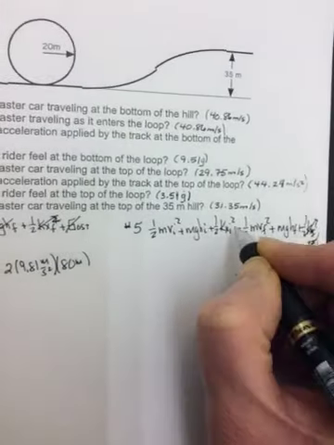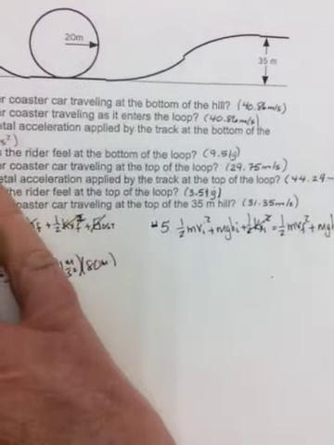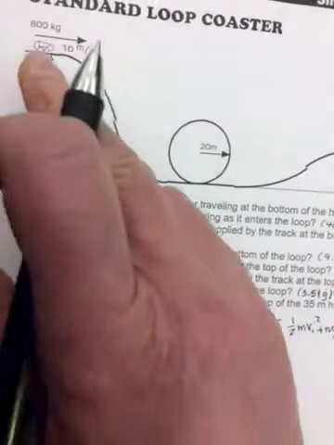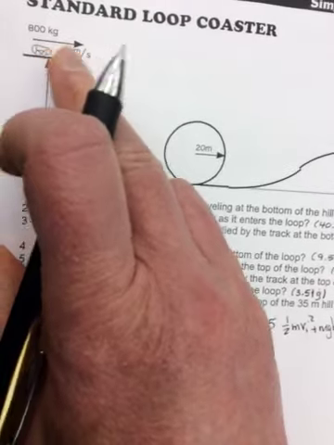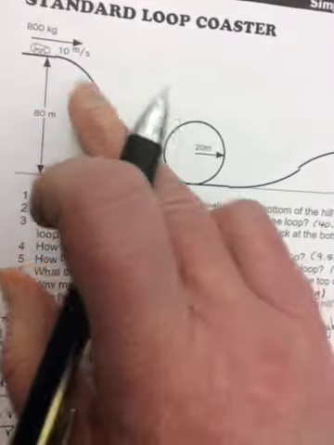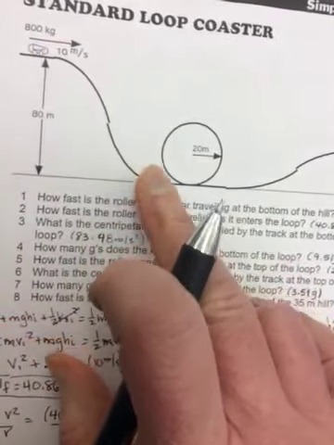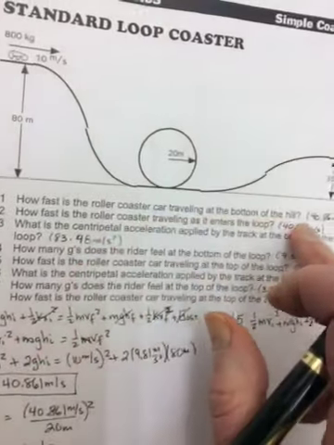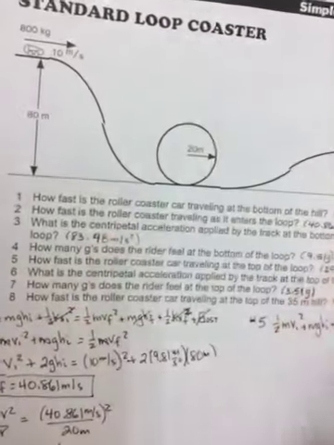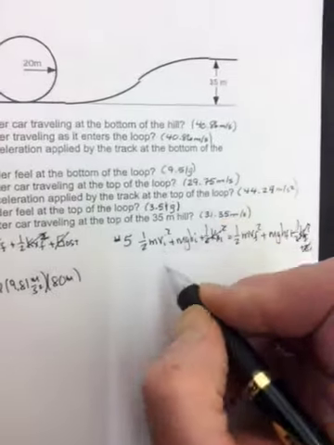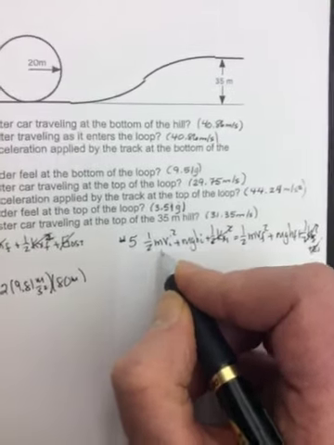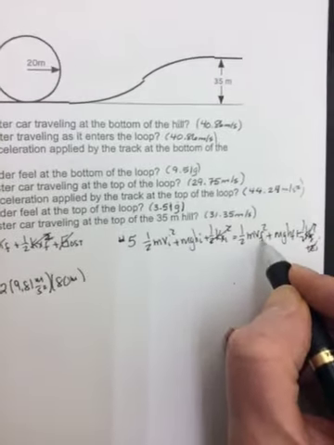So no E lost, no spring. You need to decide where you want to call initial. If this was a test or something, you should probably pick the first spot as the initial because you know it's right. In this one, you might want to pick down here because you know it's right because the answers were there and it's easier. But if we pick the first spot, the m's are still going to cancel. And we're looking for VF again.